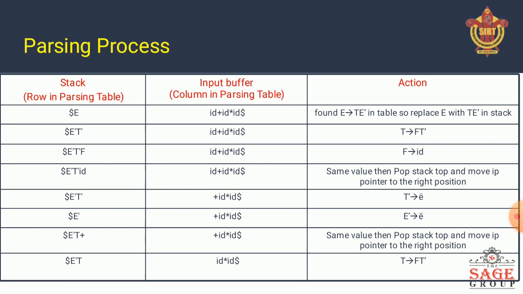So we refer to our parsing table, E versus id means row of E and column of id, and we see E produces T E dash in the table. When we find this condition, we replace E with T E dash, so we pop E from the stack and push T E dash onto the stack.